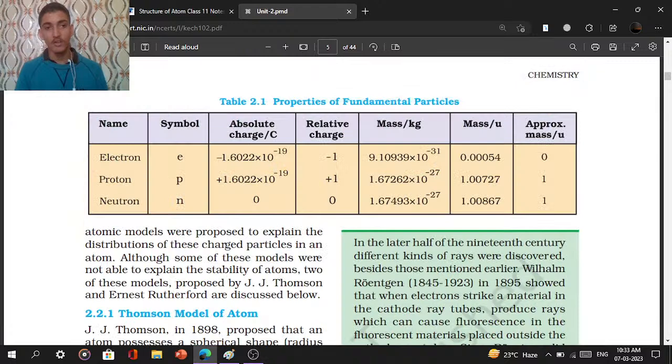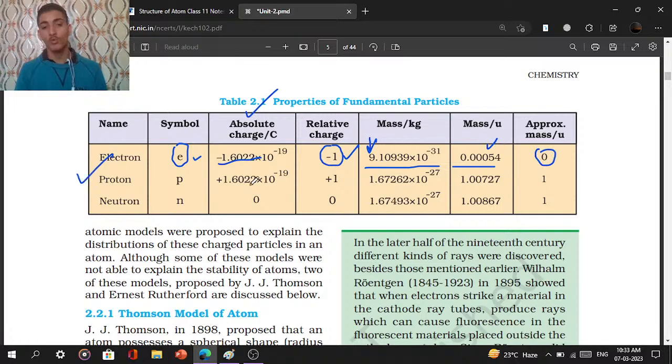The symbol of an electron is represented by e. Its absolute charge is 1.6022 into 10 raised to power minus 19, and its relative charge is minus 1. Its mass is 9.10939 into 10 raised to power minus 31, and its relative mass is 0.0054, which is approximately 0.